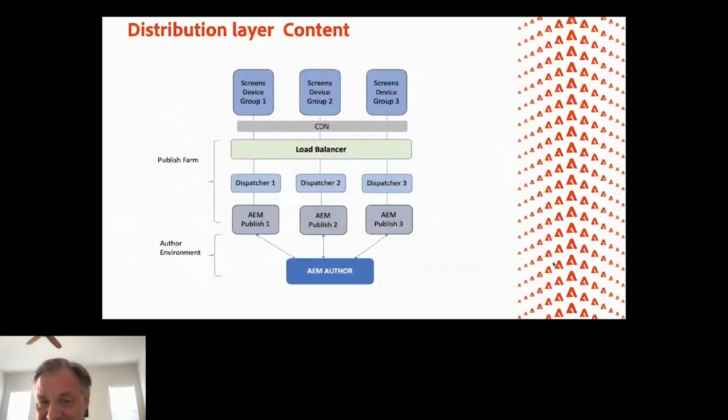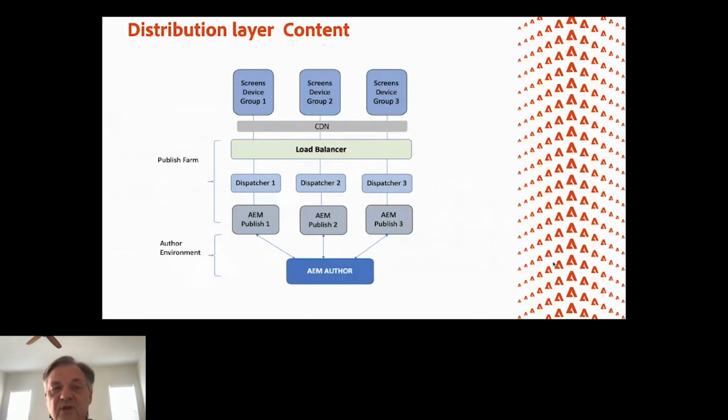On the content side, this is a traditional layout for an author-publish type of scenario where we're having a dispatch layer as well as a load balancer and then potentially a CDN in between the device groupings.